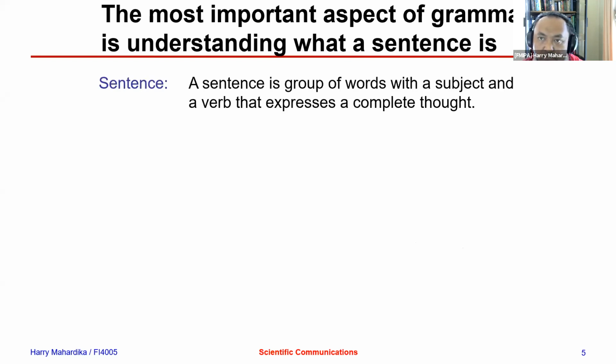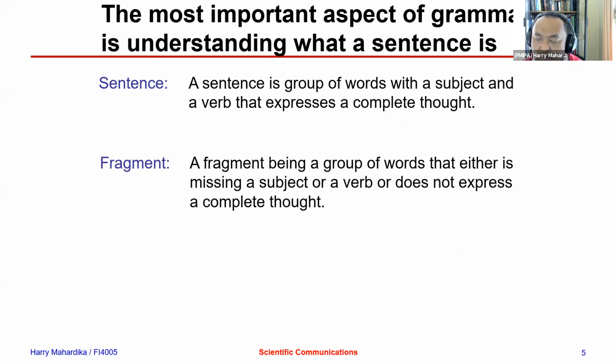The most important aspect of grammar is understanding what a sentence is. These are the common mistakes that a novice writer or students have, because what they write is not a proper sentence, but a fragment. A fragment is basically a composition of words that doesn't have an obvious subject and verb.